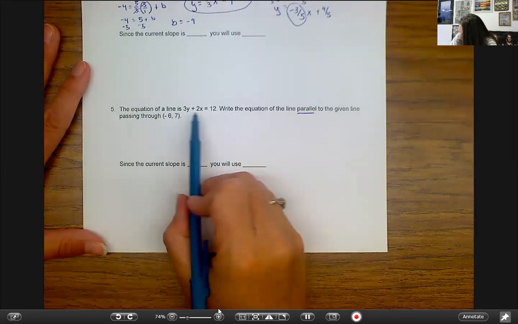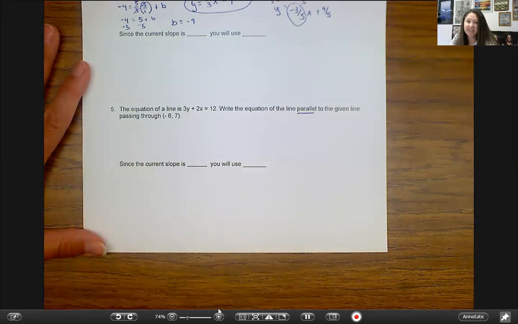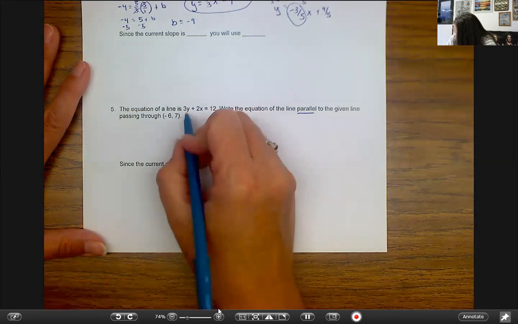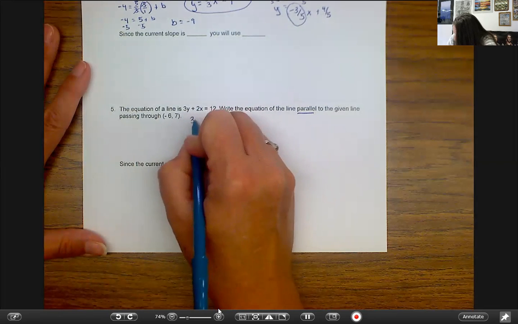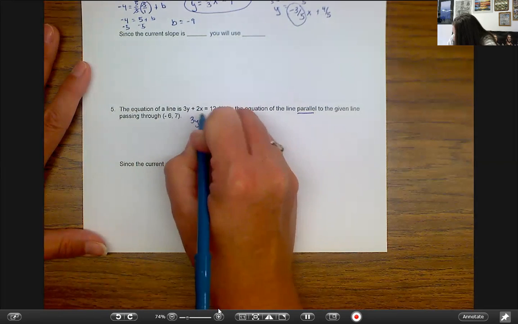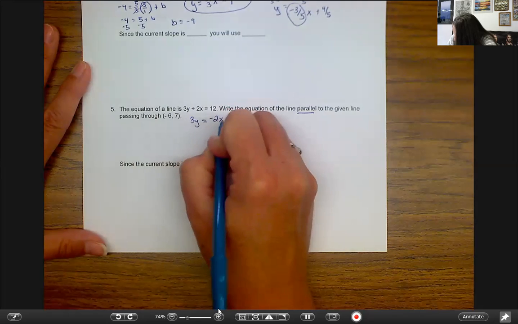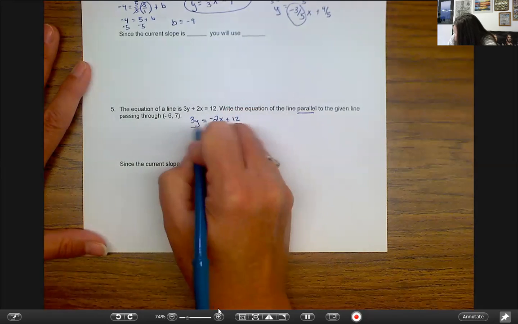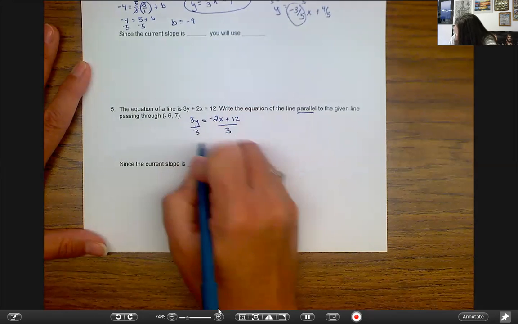Well, let's go ahead and take this equation and put it in slope-intercept form. So we still want to solve for y. I'm going to move the 2x term to the other side, so it'll be negative 2x plus 12, and divide everything by 3.